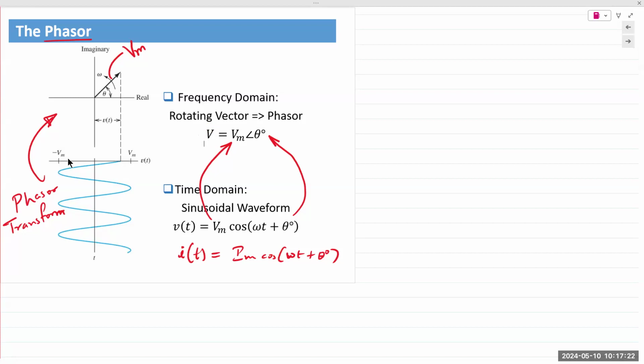The phasor for voltage is the magnitude of the voltage, Vm, with a phase angle theta. Even though it's a rotating vector, that phasor is just a single snapshot in time. We say it's rotating counterclockwise from the real axis.